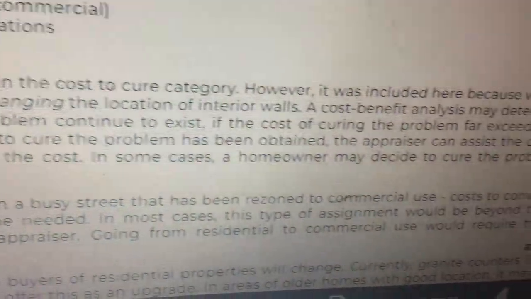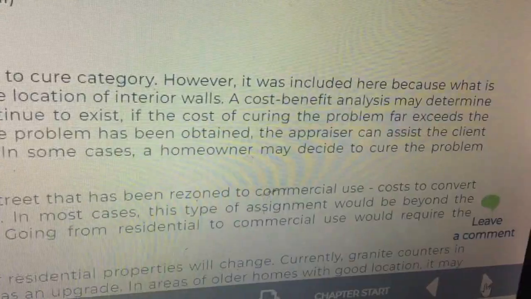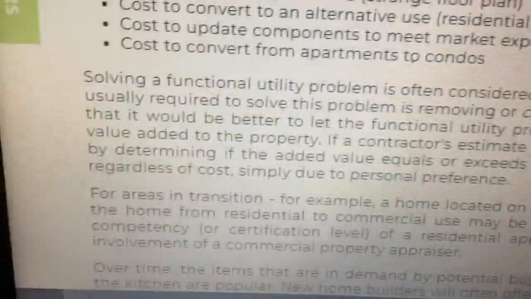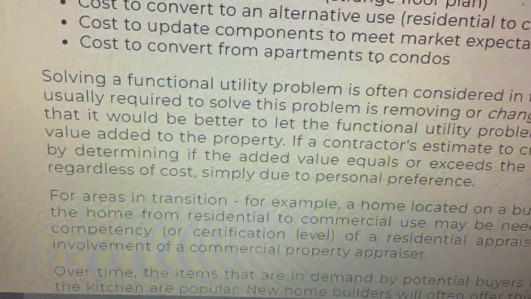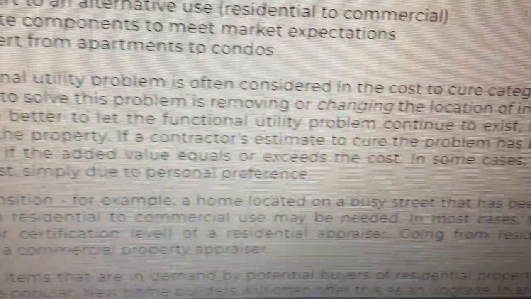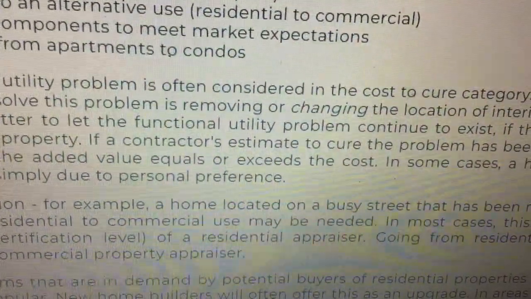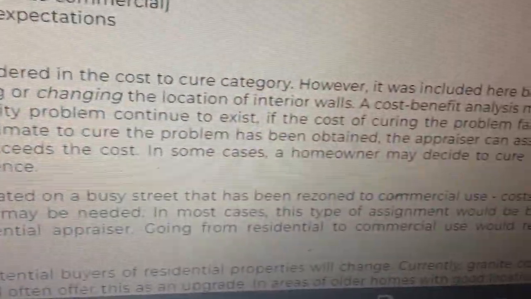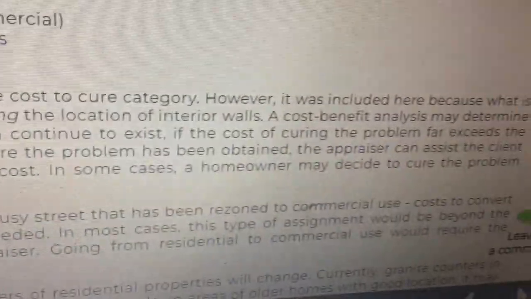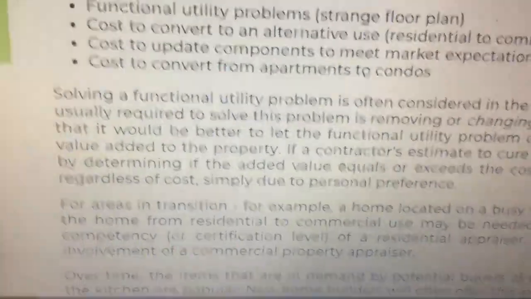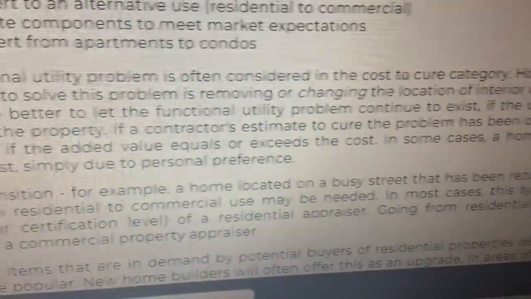In most cases, this type of assignment would be beyond the competency or certification level of a residential appraiser. Going from residential to commercial use would require the involvement of a commercial appraiser.